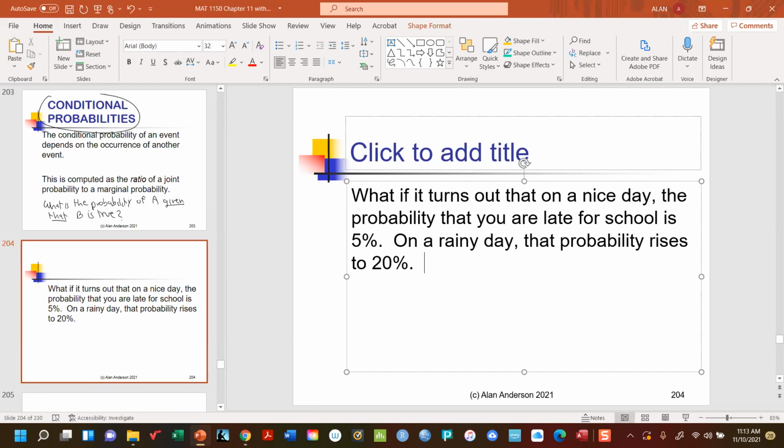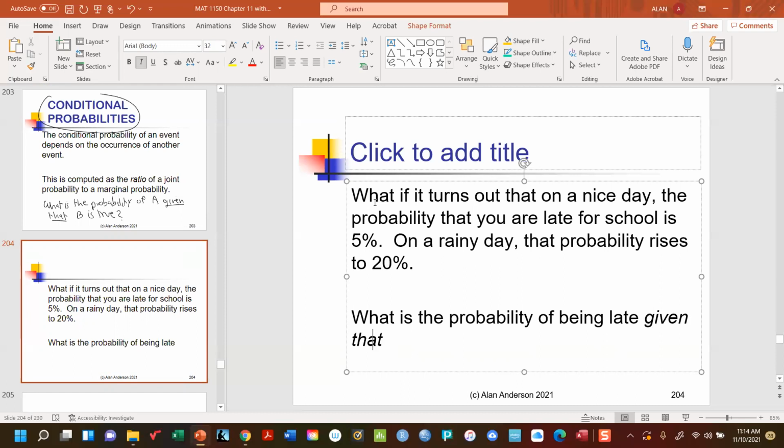Let's say because you've got a long commute and it makes the roads very slick and there's a lot of traffic and blah, blah, blah. So what I'm saying to you here with the conditional probability is, what is the probability of being late? And then this is the key, given that it is rainy.